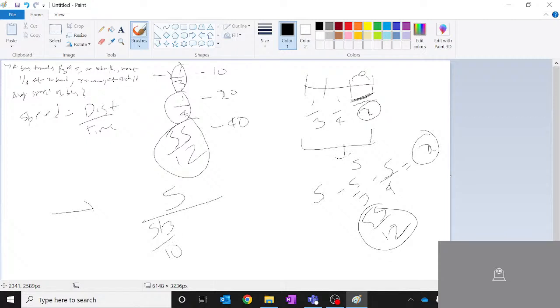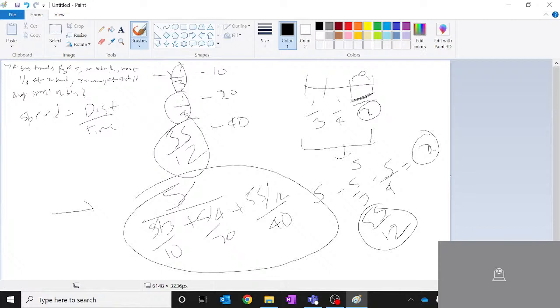For the first one third it takes s by 3 at 10, for the next one fourth it takes s by 4 at 20, and the next 5s by 12 it takes 40. So this is s by 3 by 10 plus s by 4 by 20 plus 5s by 12 divided by 40. From this you can eliminate s.